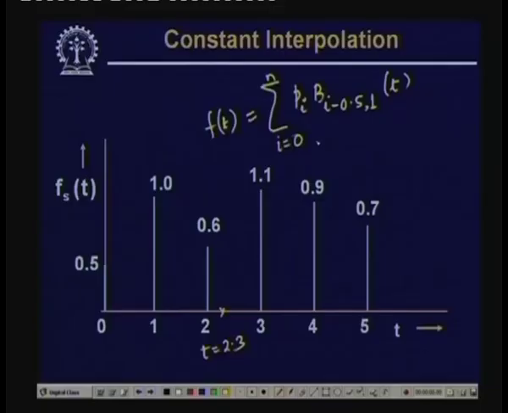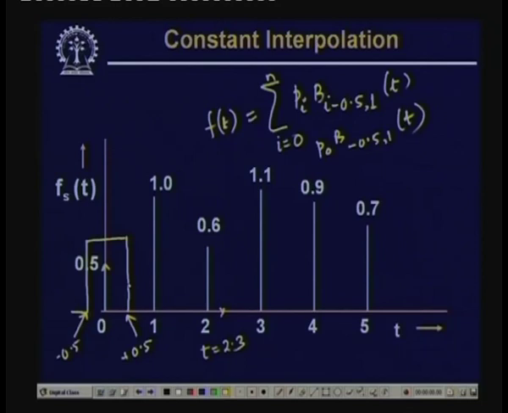So, when I compute P0 b_-0.5,1(t) for computation of this particular component, along with this sample P0 which is equal to 0.5, I have to consider the B-spline interpolation function as this, which is equal to 1 from minus 0.5 to plus 0.5. So, here again you find that because this b_-0.5,1(t) is equal to 0 beyond t equal to 1.5.